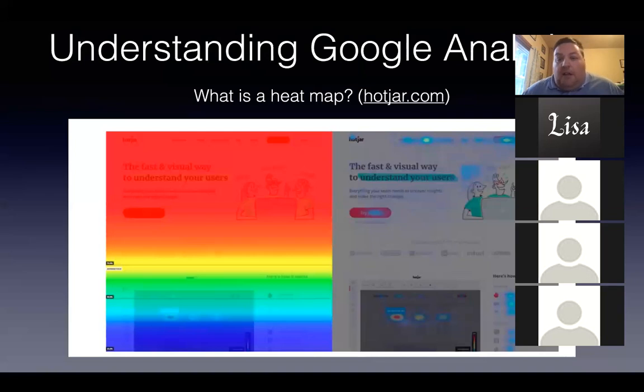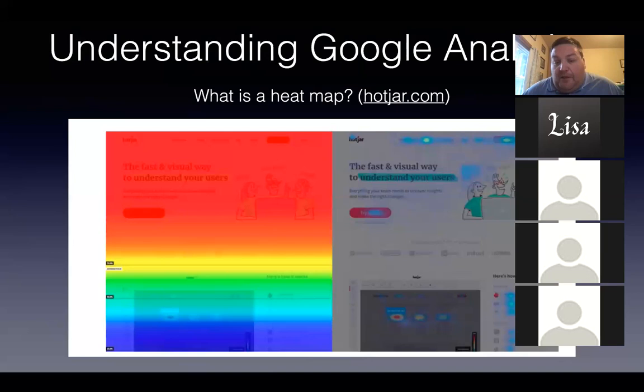So the image on the right is also another asset on hotjar.com in terms of heat maps. They will show clicks. Across the top, you'll see some blue. And then right about in the center, you'll see a lighter yellow. That means more people are clicking on that spot.